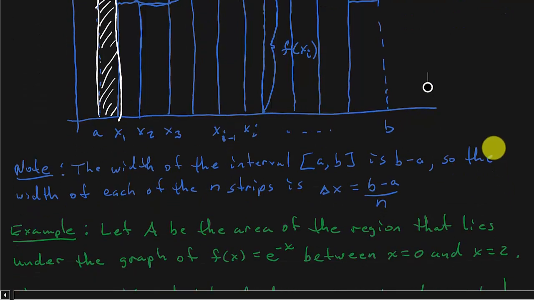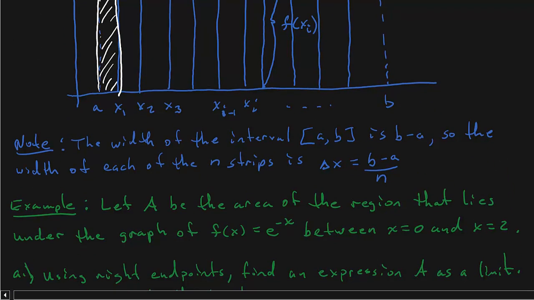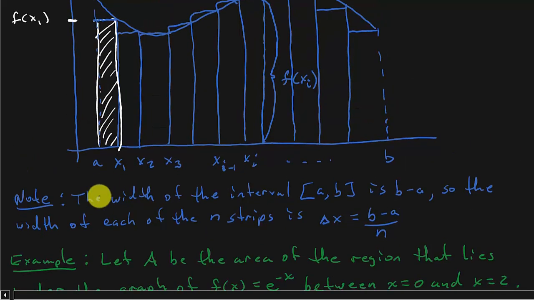All right, and then we have a note here. It says the width of the interval AB is B minus A. Well, that makes sense. That's the distance from here to here, B minus A. That's how wide that is. So the width of each of the n strips, or of the n rectangles, is delta x equals B minus A, which is this total distance here, divided by n, the number of rectangles.